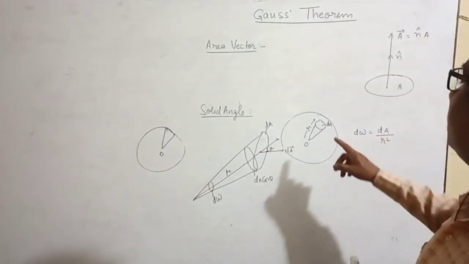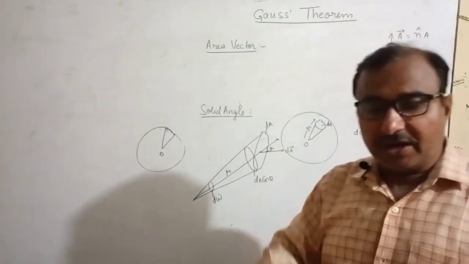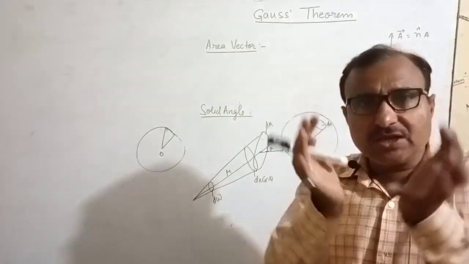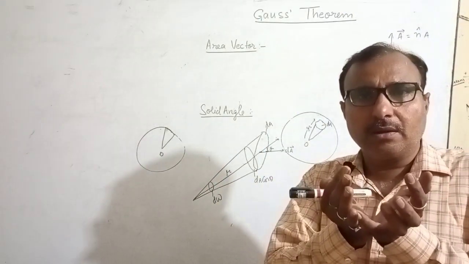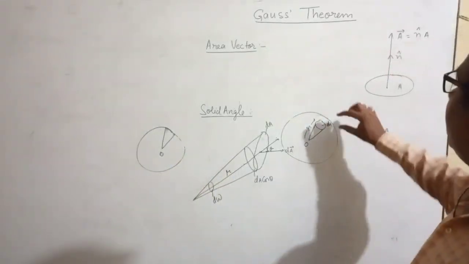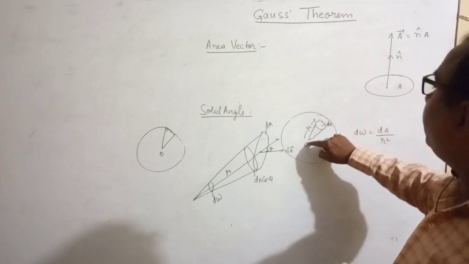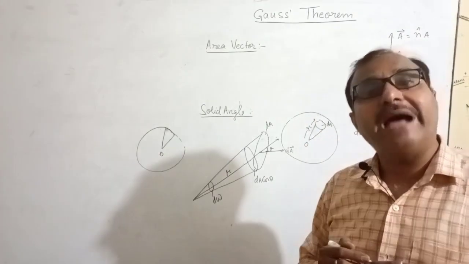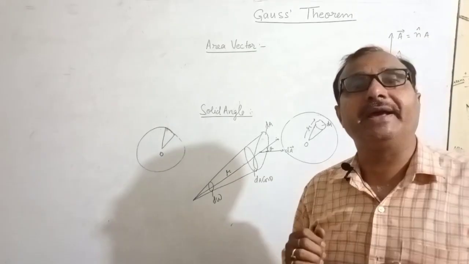Now, for solid angle, instead of a circle, we take a sphere, like a ball. Any part of the sphere, a small portion of it, makes an angle at the center of the sphere. That is known as solid angle.